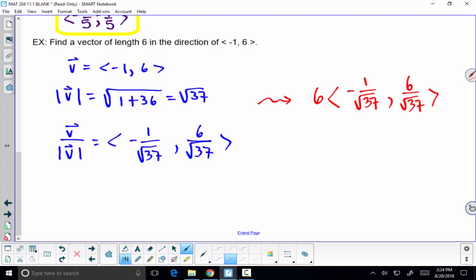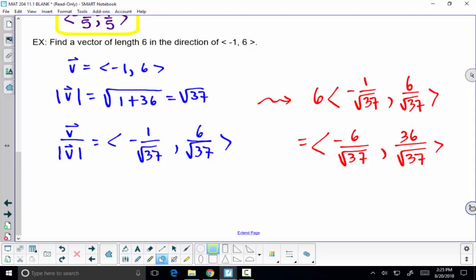If you multiply it by 10, you get a vector of length 10. If you multiply it by -2, you end up with a vector of length 2. So this vector here is going to be the vector that we're looking for. This vector has length 6 and points in the direction of -1, 6.